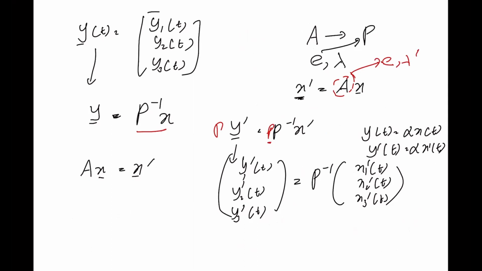Okay. So my equation set is equivalent to AX, my AX vector. Then I have a substitution something like this: P inverse y equals P inverse x. So then make the substitution.